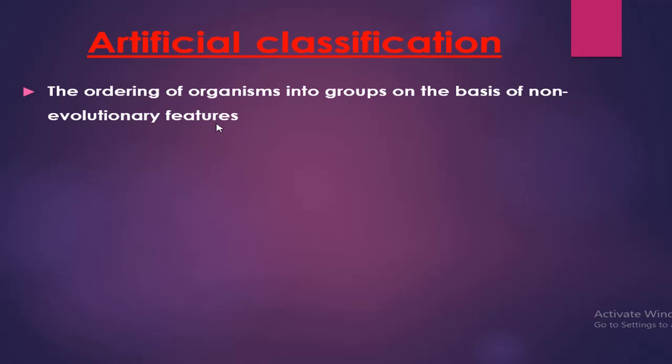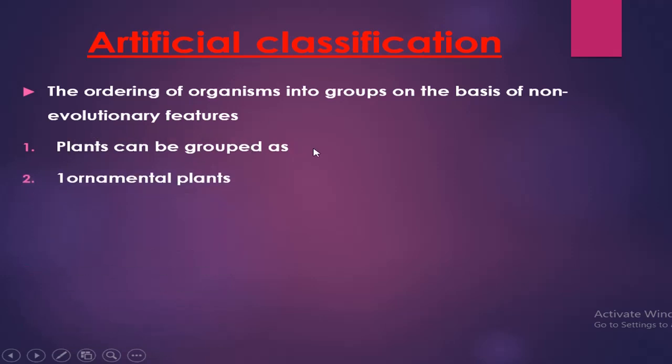So ordering of organisms means grouping of organisms on the basis of non-evolutionary features. According to artificial classification, plants can be grouped as ornamental plants, herbal plants, and poisonous plants.